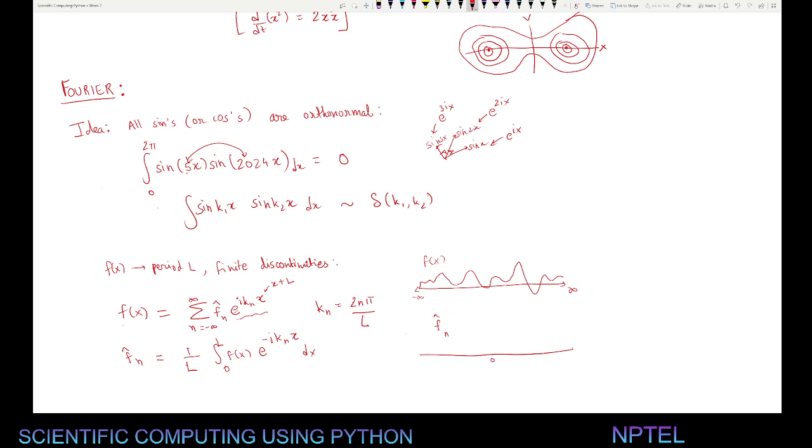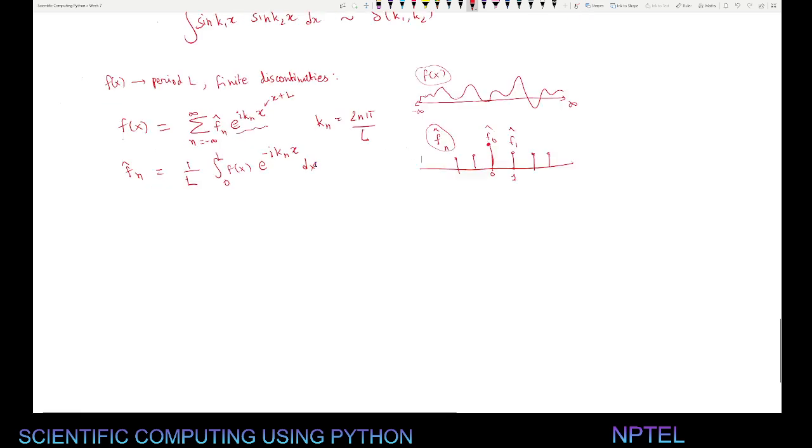You have f0, which has some value, some real and imaginary value. Then at 1, you have f1. So you have only discrete values, but the information that is contained in f(x) is contained in this fn hat also, which is very interesting, and paradoxical, at least superficially.